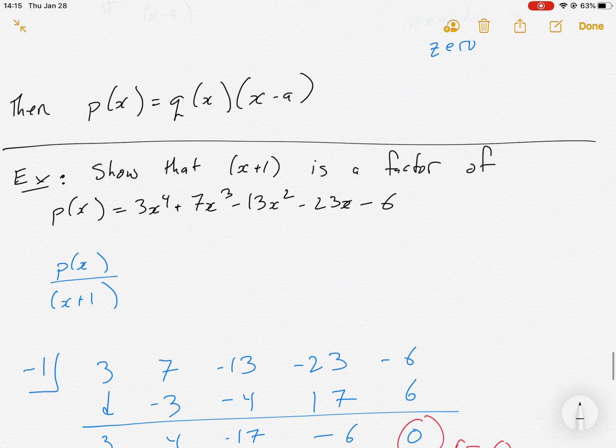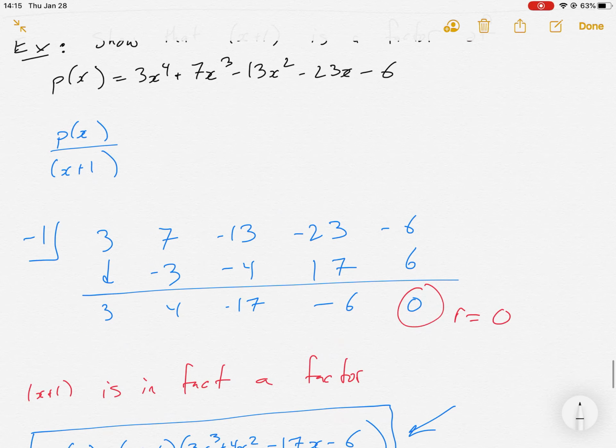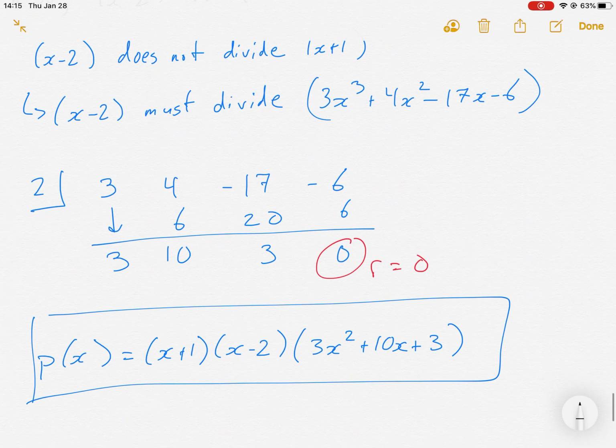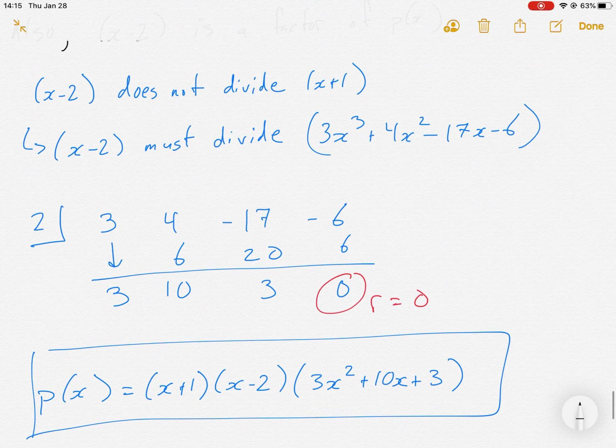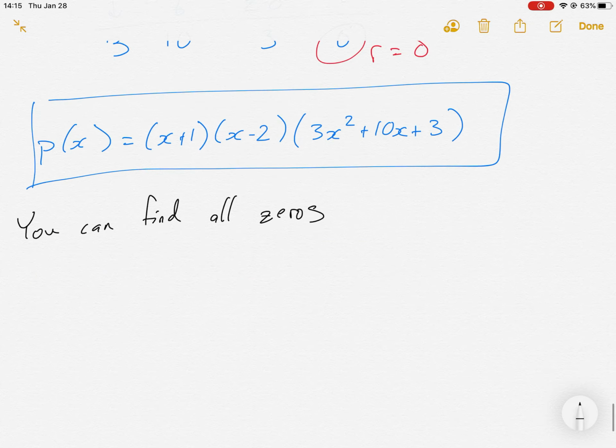But let's just say I had said, you're given this polynomial p of x, and I need you to find all the zeros. And then I told you x plus 1 is a factor, so you did that division. I also told you that x minus 2 is a factor, so you did this division. Now you're at a spot where you can actually find all the zeros.